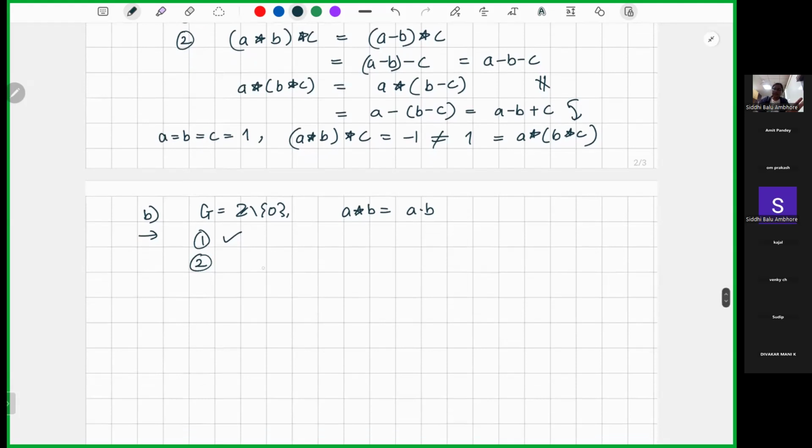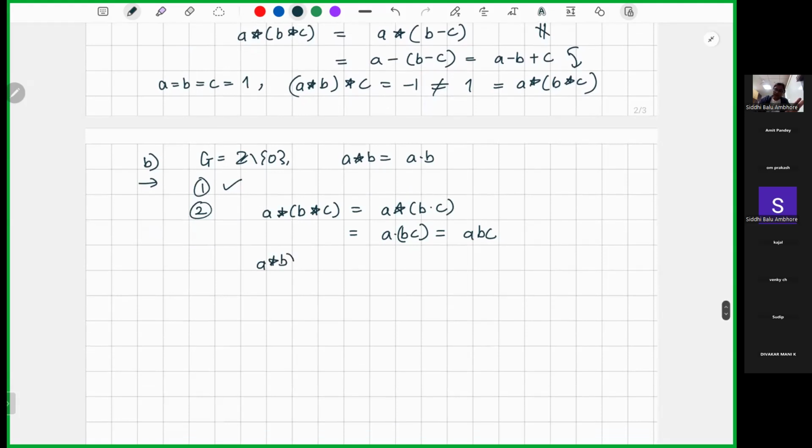We are in integers, so (A star B) star C is AB times C, which is ABC, and A star (B star C) is A times BC, which is ABC. These two are equal, so associativity is satisfied.